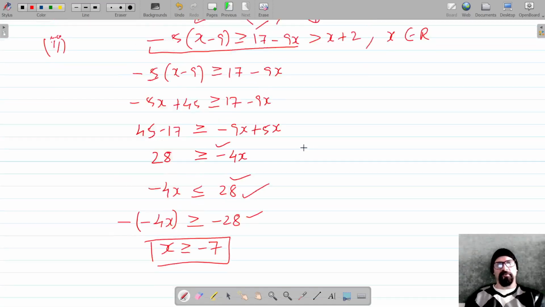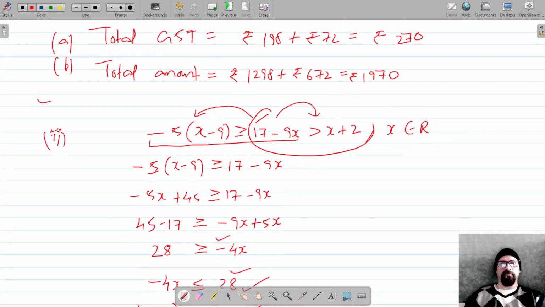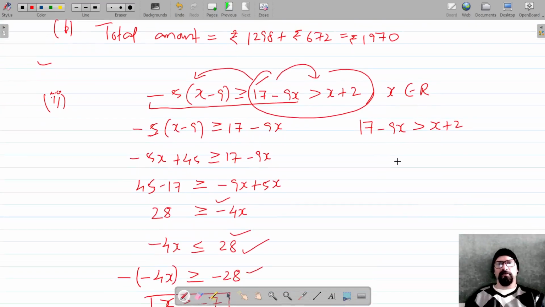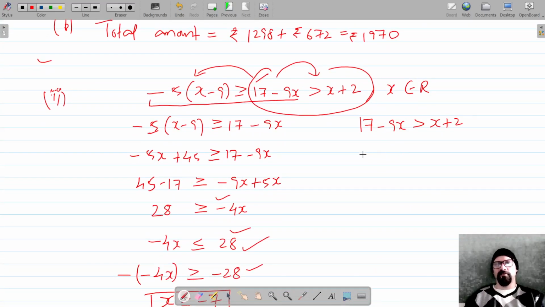Okay, now let's consider the second inequality. The second inequality is this one: 17 minus 9x is greater than x plus 2. And this is now minus 9x minus x is greater than 2 minus 17, which is minus 10x is greater than negative 15. So if I cancel this negative sign, the inequality changes.